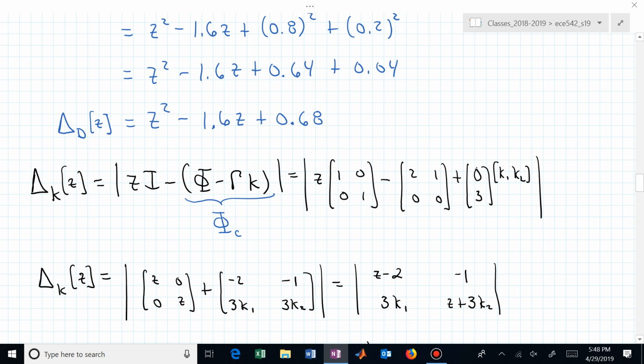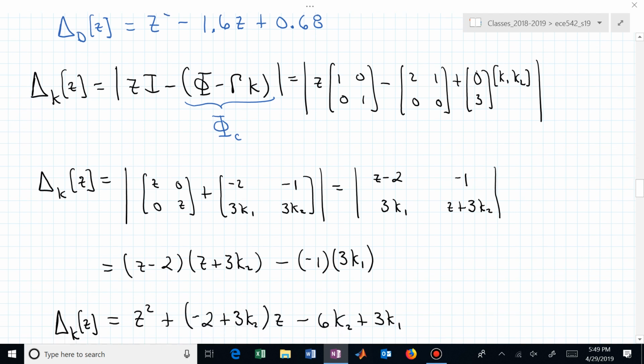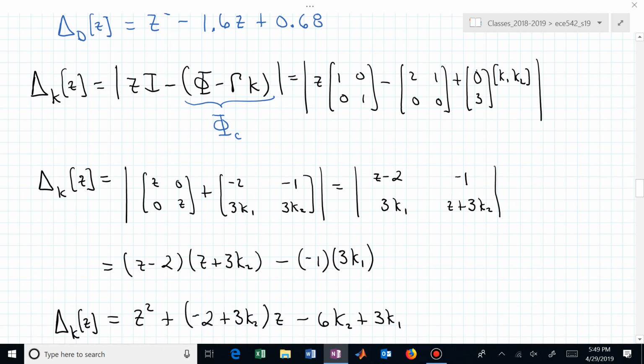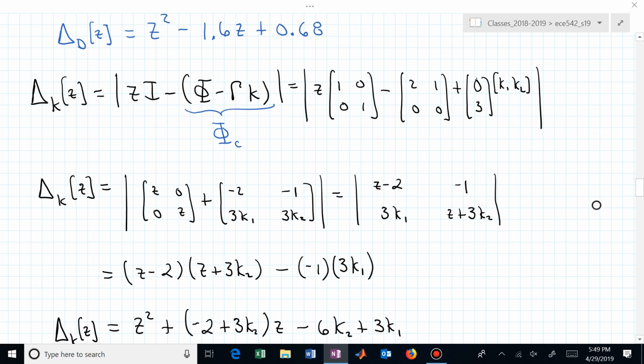Just as a way of a check on your algebra or your mechanics. And the determinant is simply the product of the diagonal terms minus the product of the off-diagonal terms. That now allows us to generate a second-order polynomial that we'll now be able to use or compare with the desired polynomial.